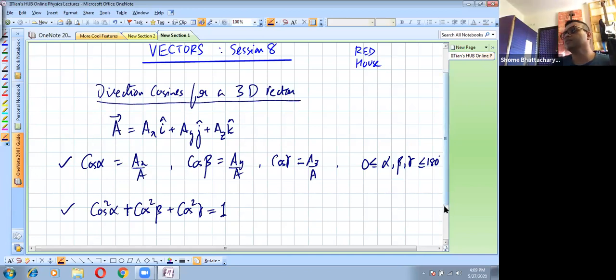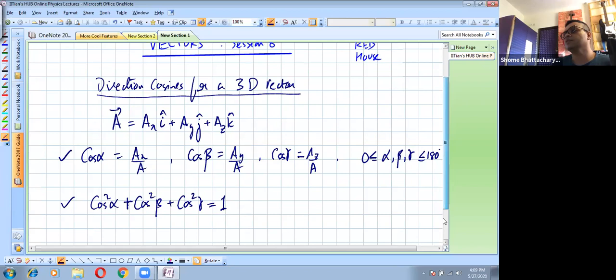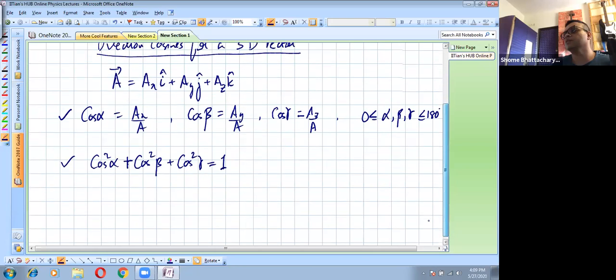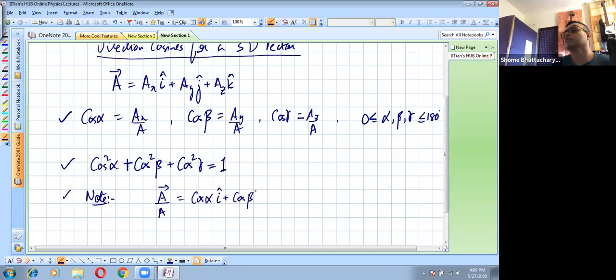Now, one additional concept that we learned today: plus cos gamma k cap.